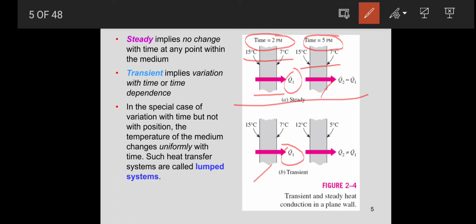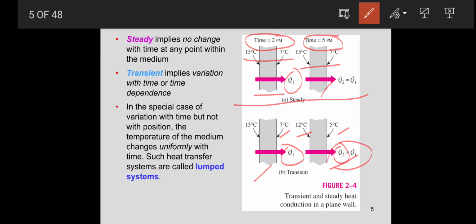But at 5 p.m., the temperature has changed, 15 degrees to 12 degrees Celsius and 7 degrees Celsius to 5 degrees Celsius. That means according to time the temperature of the wall changes, so the heat transfer rate Q2 dot is not equal to Q1 dot. This is called transient heat transfer.